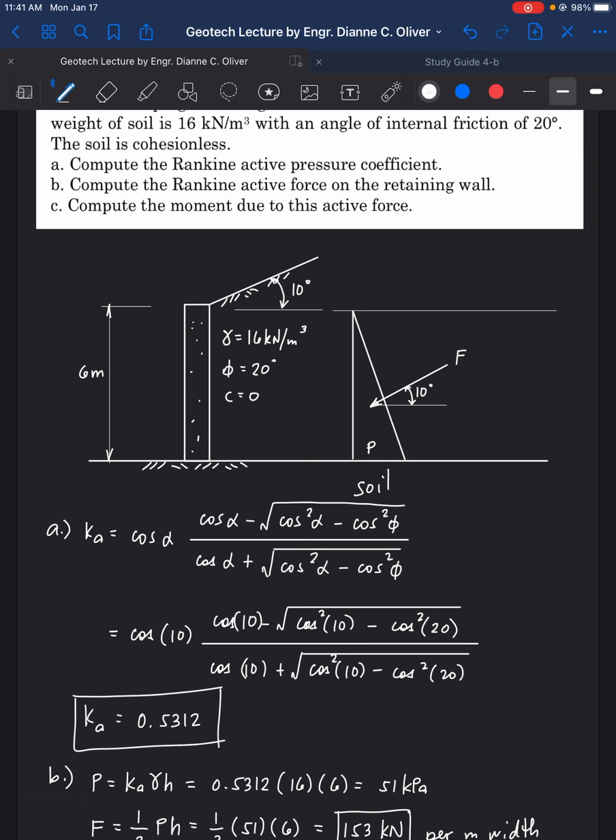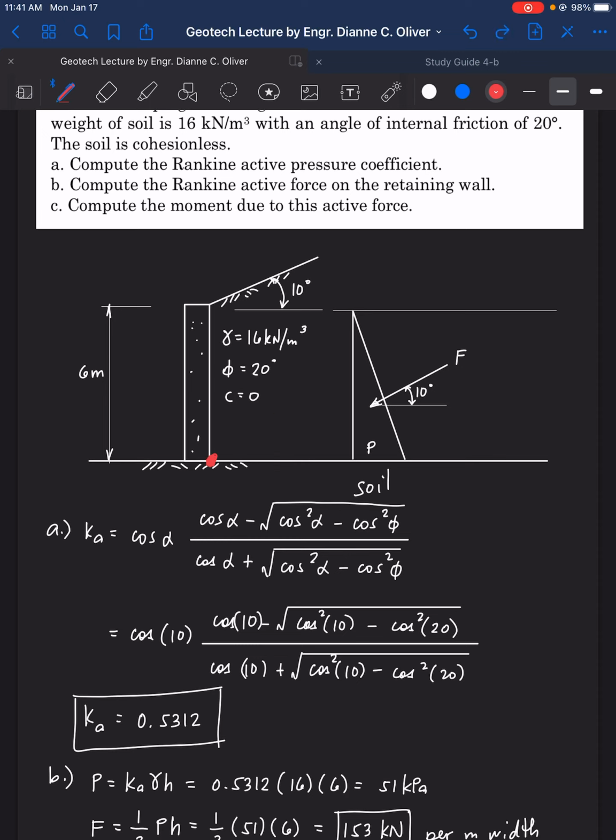How about letter C? Compute the moment due to this active force. Now, we know that moment is the force times the distance. Now, where does the structure rotate? We know that the structure will rotate here at the heel. Therefore, the distance will come from the bottom of the structure up to the force.